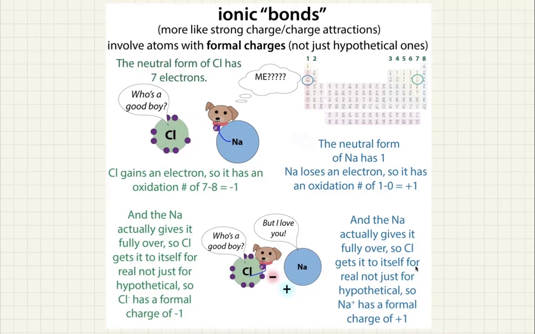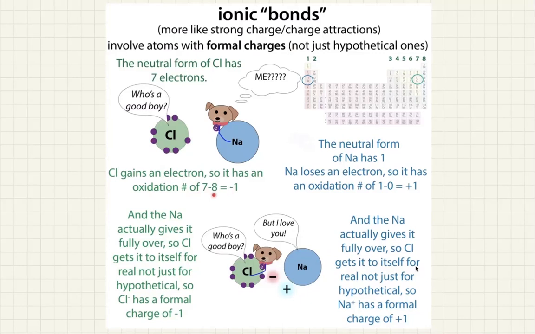So when you have an ionic bond, this is going to involve atoms with formal charges, not just hypothetical ones. And so our formal charge is also going to be equal to our oxidation number, because you take how many electrons you started with minus how many electrons you end up with to get the oxidation number. For chlorine, it started with 7 in its neutral form.